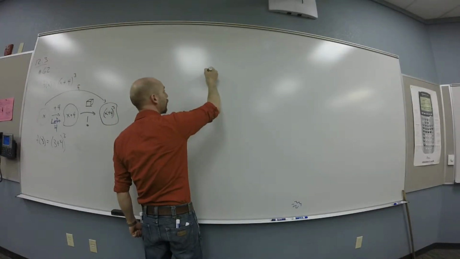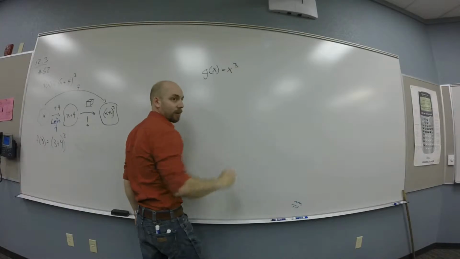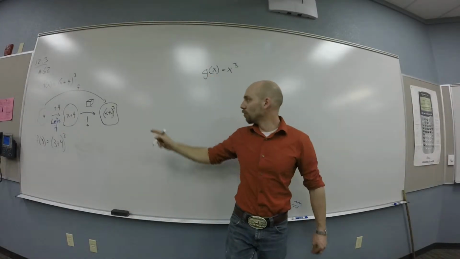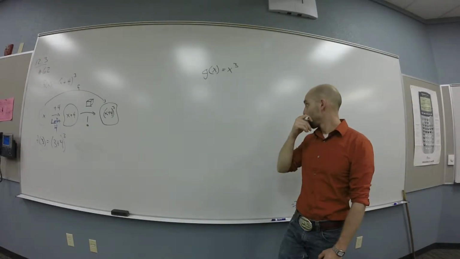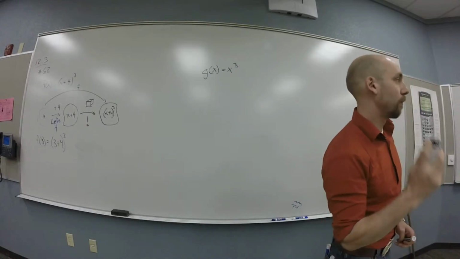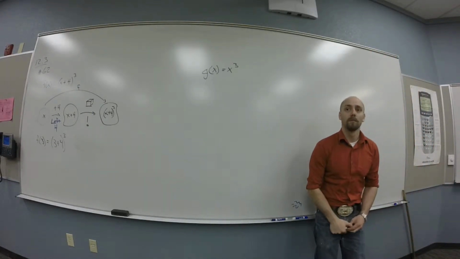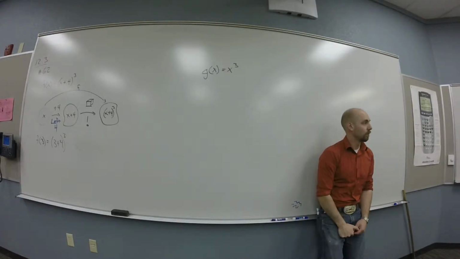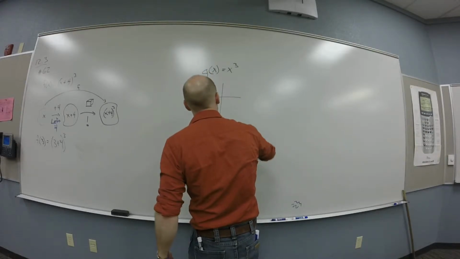So we're looking for the graph of some function like g of x is x cubed, right? This is going to be the rule we know about. So, how do I graph things I don't know about? Oh yeah, we should make a table, right? Okay, so here's a table.